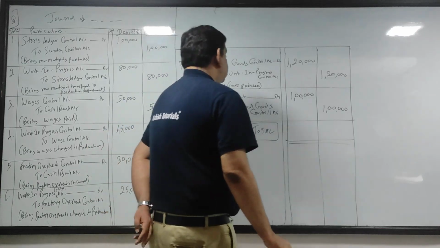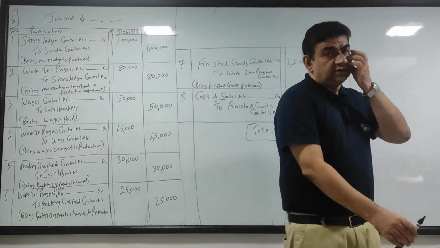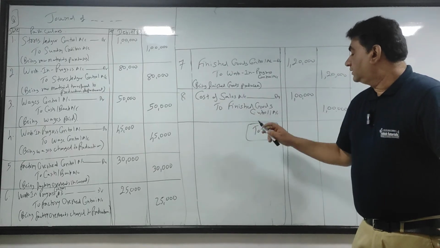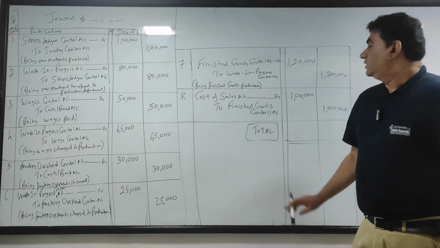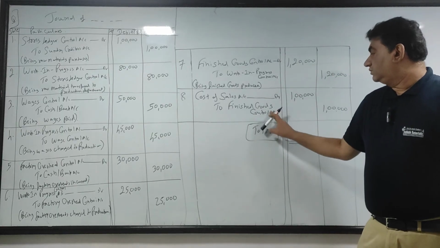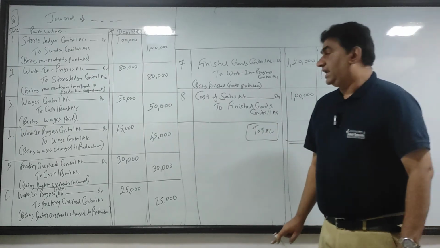Cost of sales debit 1 lakh to finished goods control account 1 lakh.